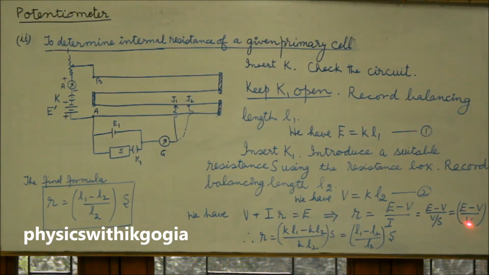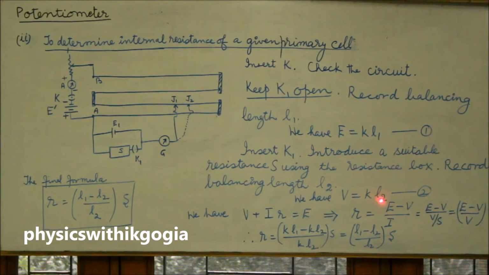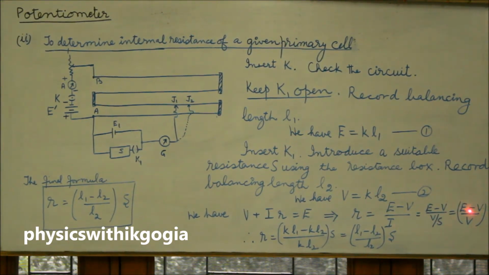So you get E minus V by V into S. Substitute the values for E and V, KL1, KL2, and divide by that common factor K to get this result. r is equal to L1 minus L2 over L2 into S. So this is then the final formula for internal resistance, small r equal to L1 minus L2 over L2 into S.